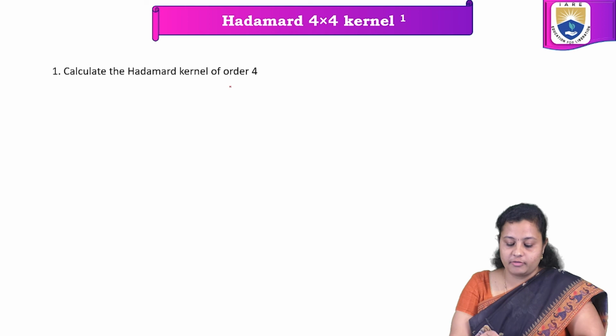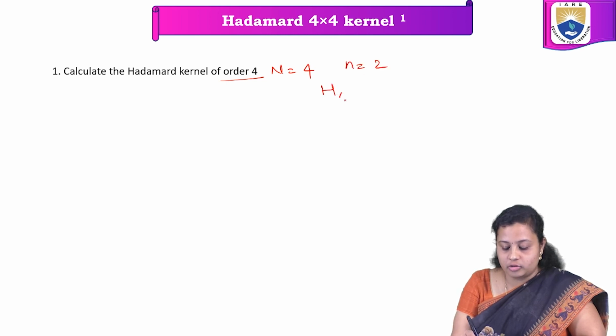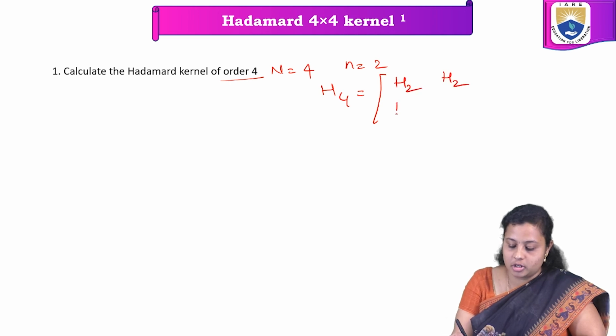Similarly, if I want order 4, so N is equal to 4, we can recursively find it from N is equal to 2. So we found that H4 is equal to H2, H2, H2, minus H2, right?